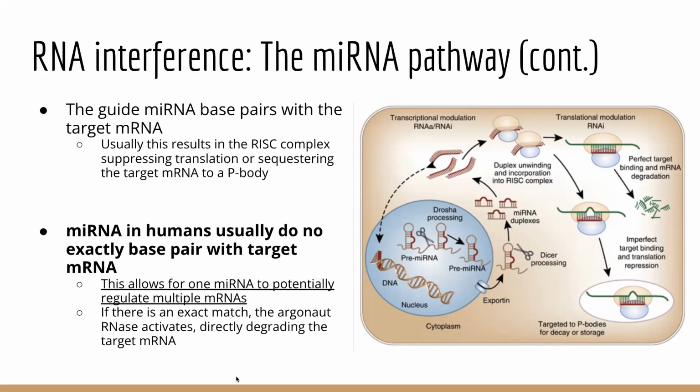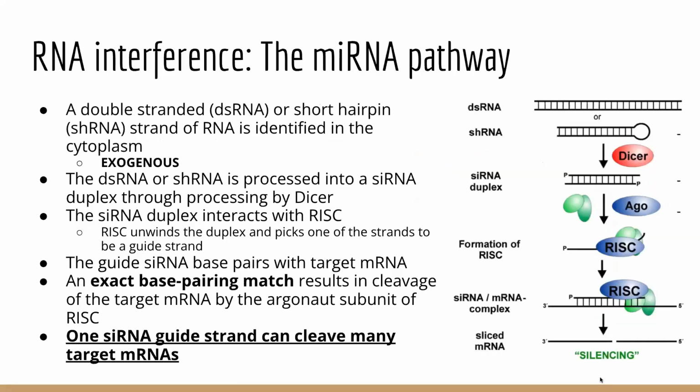Your cell does not want random strands of DNA and RNA around, so it keeps a lot of nucleases within the cytosol. These nucleases will attack unprotected RNA strands, right? So when the siRNA cleaves in the middle, you're leaving this gap, this exposed mRNA that allows other enzymes in your cell to degrade it.